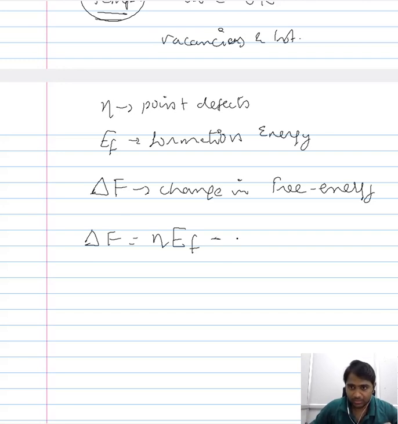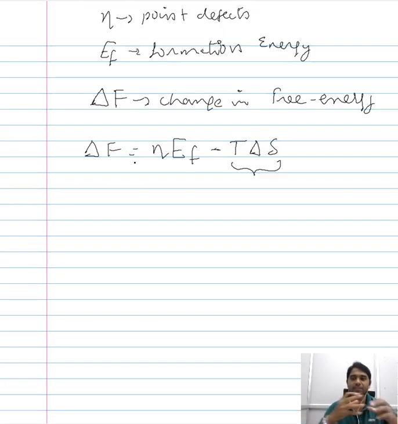However, if there is a change in the entropy because of the introduction of the point defects, then through this relation you have a decrease in the overall energy density of the system. So with an increase in the number of point defects, and for a given formation energy, the combination of these two increases the overall free energy of the system.